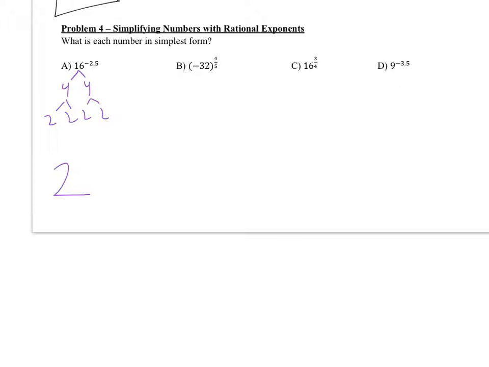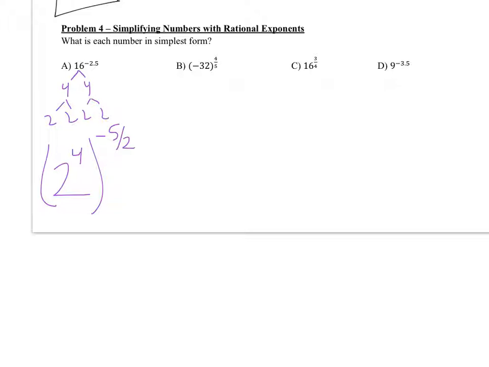So this is 2 raised to the 4th power. That's what 16 is. I'm going to rewrite negative 2.5 as a fraction, negative 5/2. Now, one thing you have to be careful with is negative numbers, because this number right here has to be positive in order to do an even root. That's the same thing as an even index.